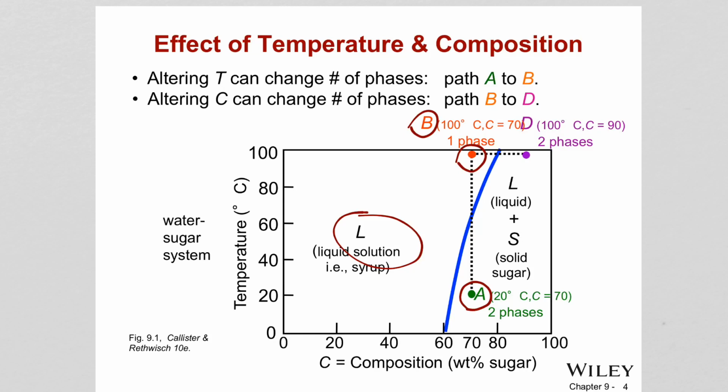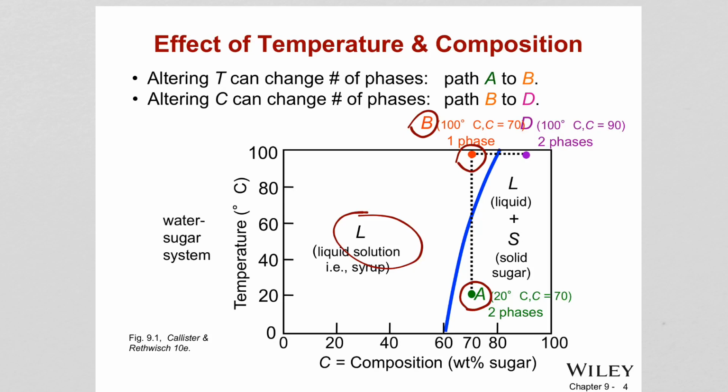So that means at point A you had two phases, sugar and the liquid. And when you increase the temperature, you end up with just one phase, which is just the liquid, because the sugar now dissolved. You go above the solubility limit.